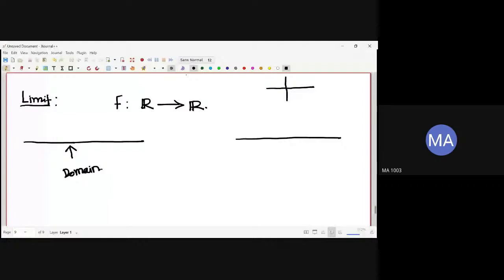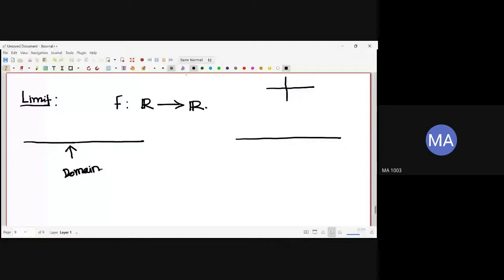So what do you do when you check the limit of a real variable function, that is from R to R? Suppose you want to check the limit at some point A on your real line. How do you check the limit?